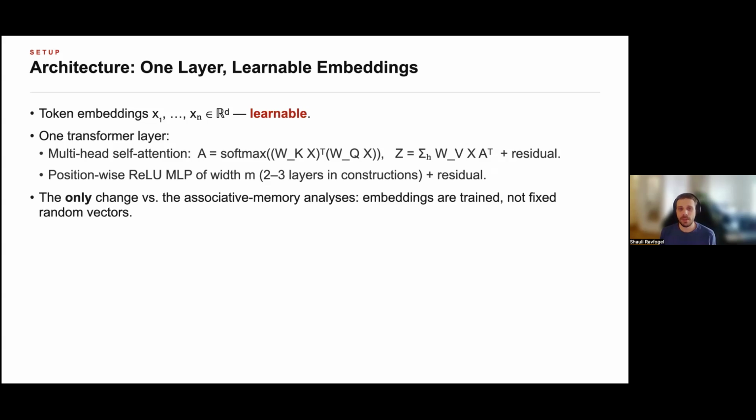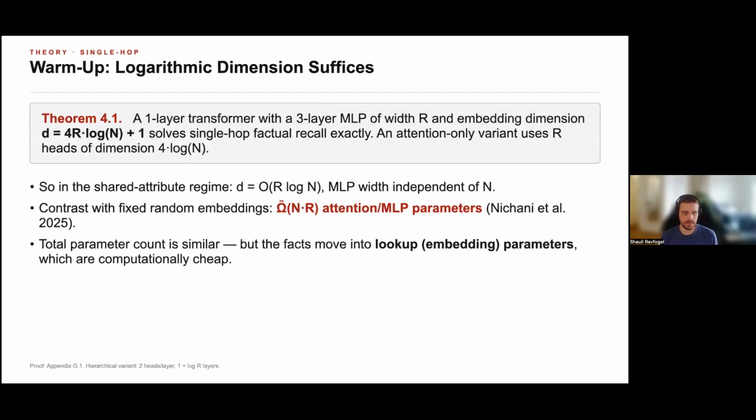Importantly, we have learnable, trainable embeddings x1 to xn, and we train the model as an autoregressive language model. So we treat the subject representation, then the representation of the K relations, and it has to complete the answer embedded. The only important change is that we have trainable and not fixed embeddings.